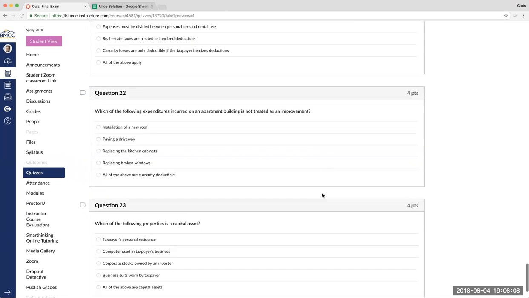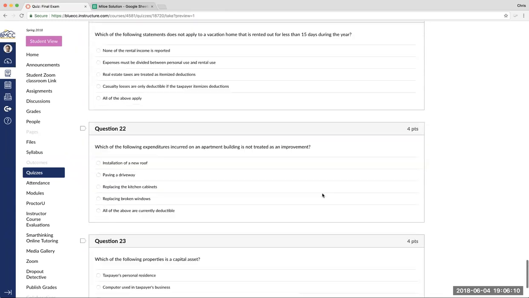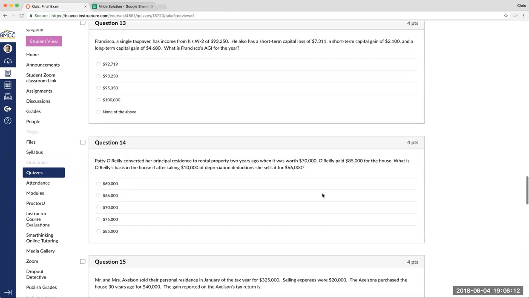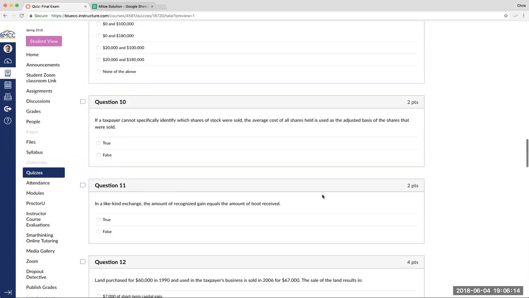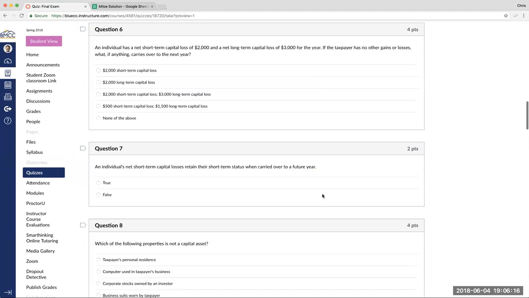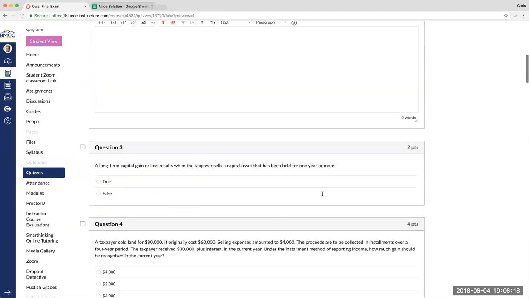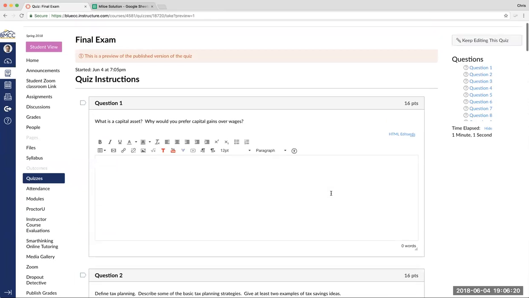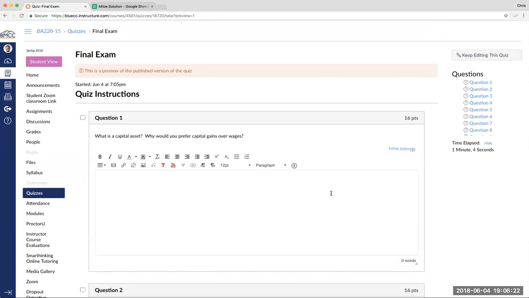Actually, they literally are all from the real estate chapter and the last two chapters that we've done. So if that helps you narrow your preparation, hopefully that will help. I know it's hard to look at while I'm scrolling through it there, but I didn't want to give you every question. I mostly just wanted you to know what to expect in terms of the structure and the format so that you could prepare well.